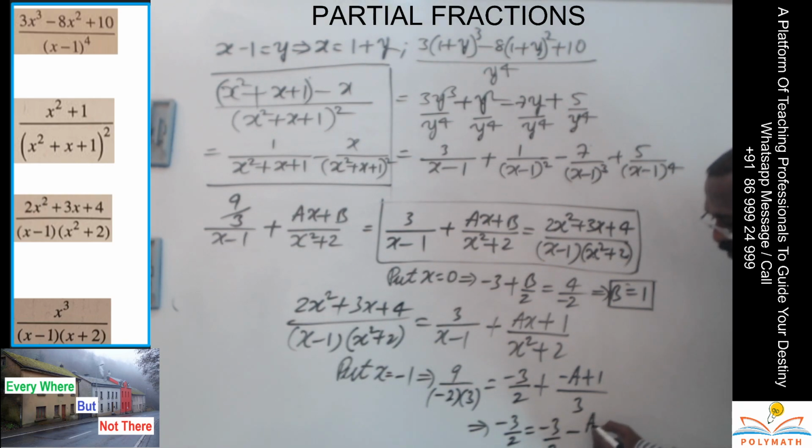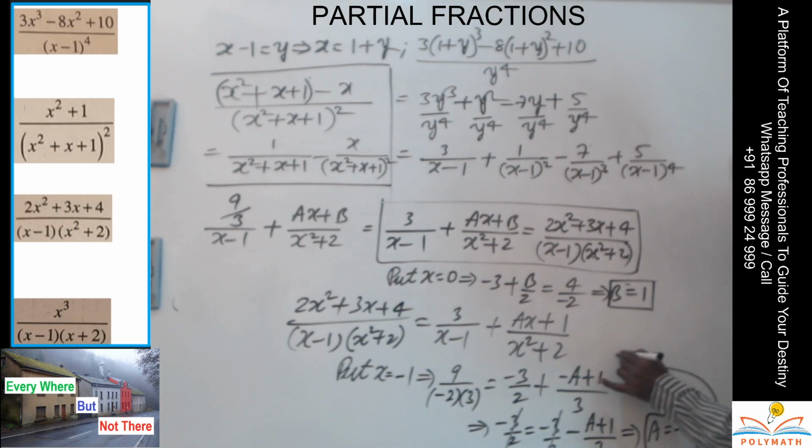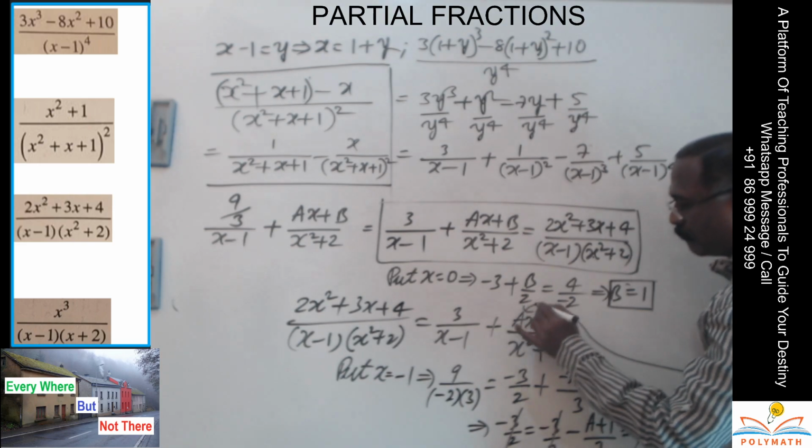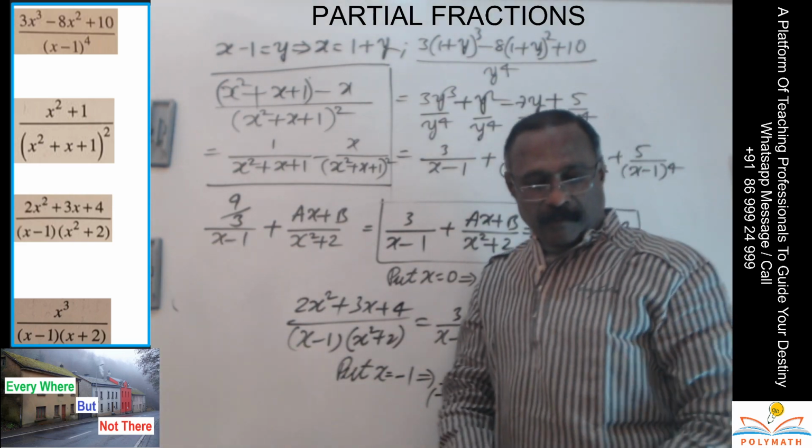This is (minus a plus 1) by 3. So these two get cancelled. And if you write this, a is equal to, that is 0. A is equal to minus 1. Put this a equal to minus 1 here.